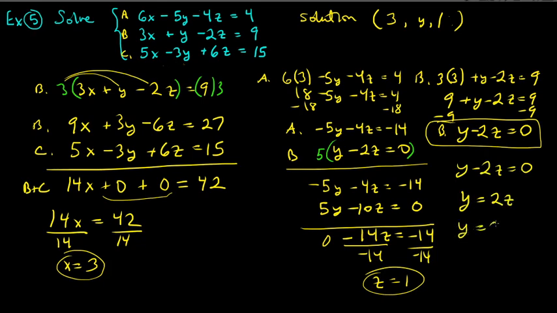But we know what z is. z is 1, right here. And so y is 2 times 1, or 2. So there we go. x is 3, y is 2, and z is 1. So we get 3, 2, 1.